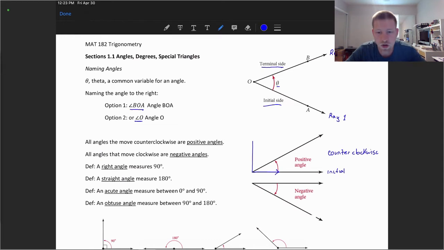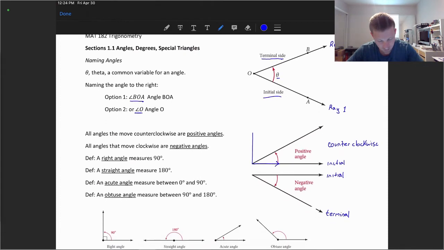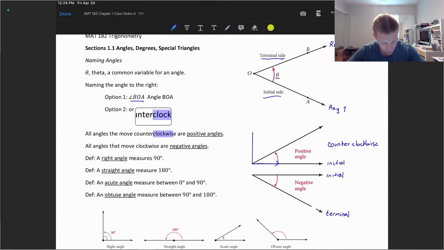So we are going to be traveling counterclockwise for any positive angle, or we can consider going in the clockwise direction for any negative angle, again with the initial side and then the terminal side. So we can highlight those there.